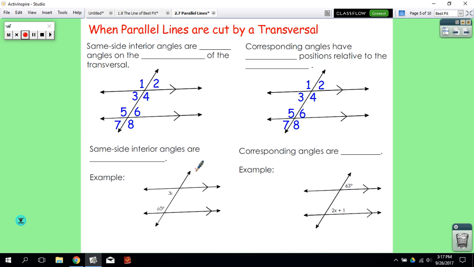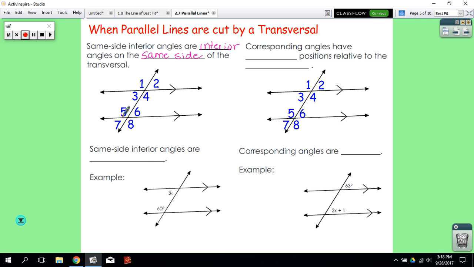All right, so same side interior angles are interior angles on the same side of the transversal. And we talked about this before. Our examples of same side interior angles would be 4 and 6 and 3 and 5.